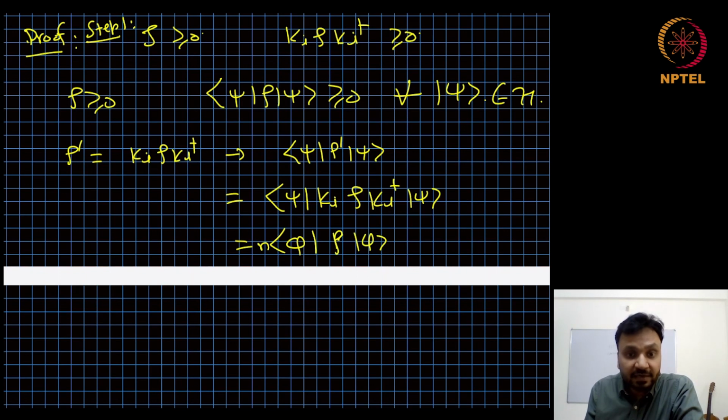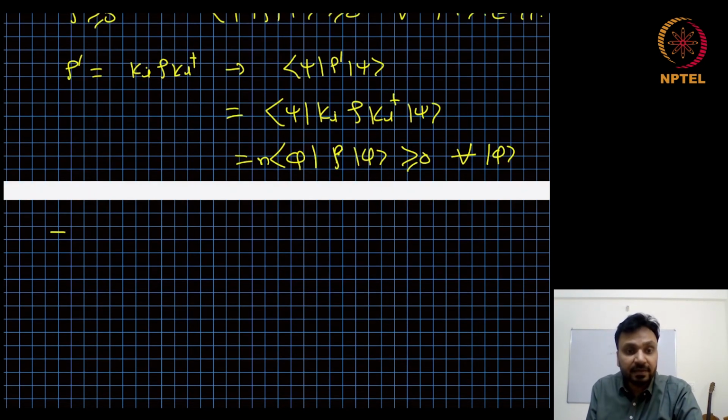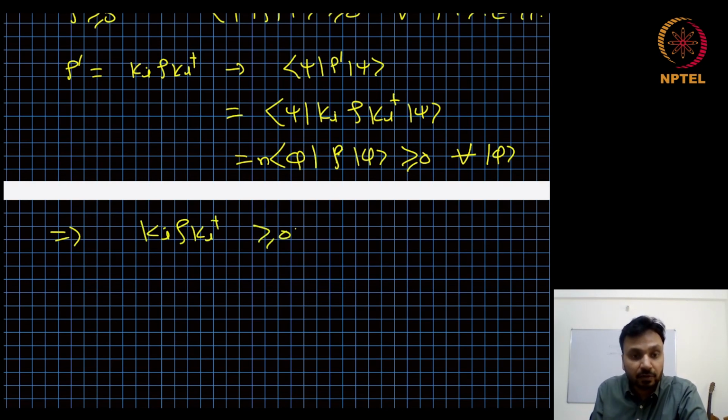And we know that rho is a positive operator, so <phi|rho|phi> is also positive, always positive for all the phi's, hence for all the psi's, and hence for all the K_i's. So this implies that K_i rho K_i dagger is a positive operator. Good.